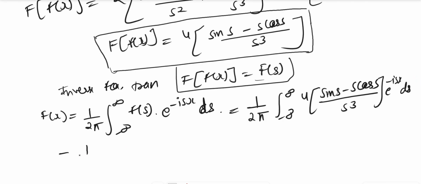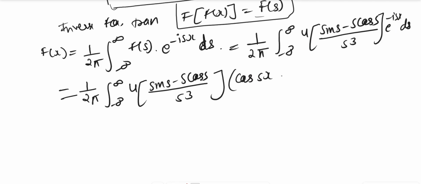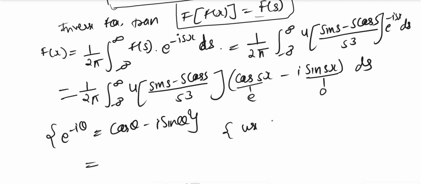Now write it as 1 upon 2 pi integration minus infinity to infinity 4 (sin s minus s cos s) divided by s cube, and e raised to the power minus iota sx we can write as cos sx minus iota sin sx, ds. Since e raised to the power minus iota theta is cos theta minus iota sin theta. So again, cos is even, sin is odd. We are going to use result 1.